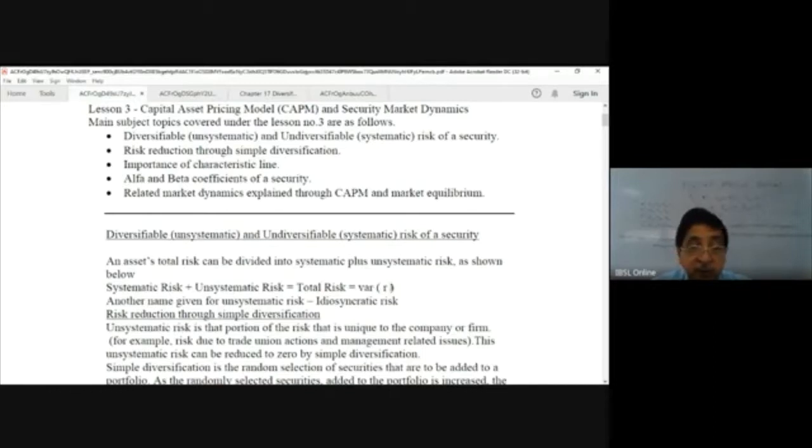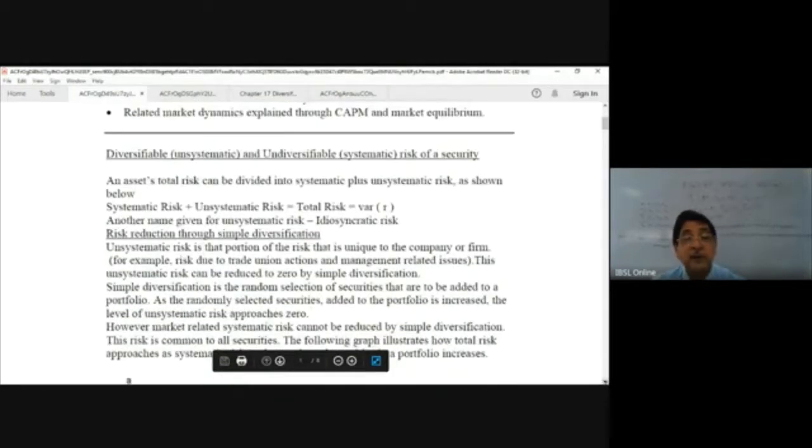The equation is: systematic risk plus unsystematic risk is equal to total risk, and that is the variance. Another name for unsystematic risk is idiosyncratic risk. This idiosyncratic risk can be reduced through simple diversification.